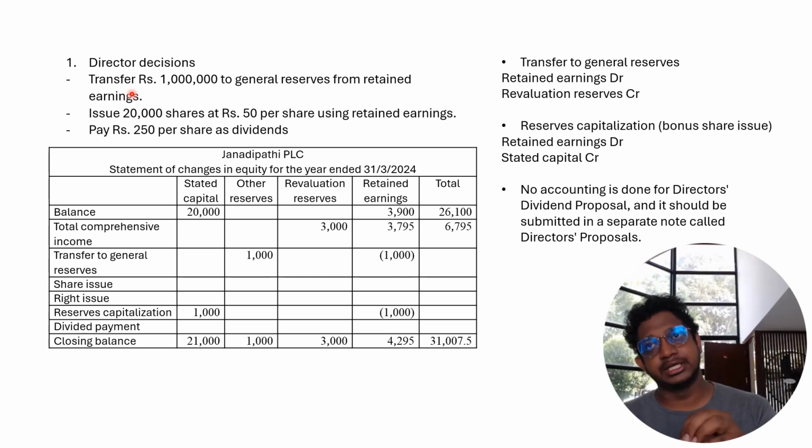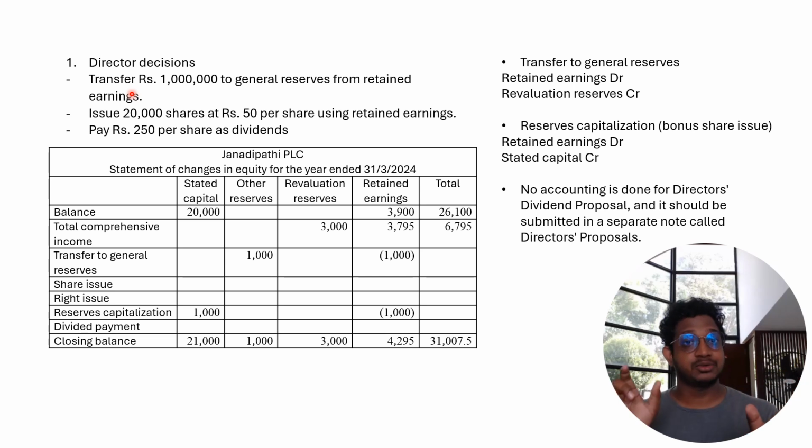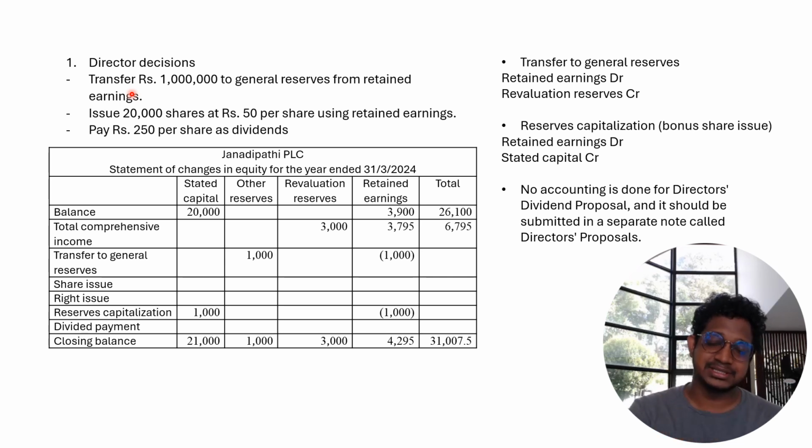And in partnerships, the differences of equity we show in two accounts, current account and capital account, and the closing balances you record in SOFP. But in companies, you show the differences of equity from a separate statement, changes in equity, right?